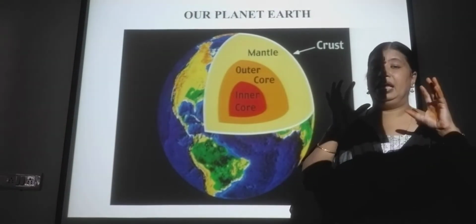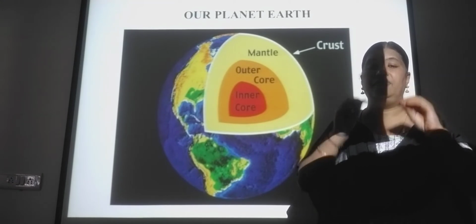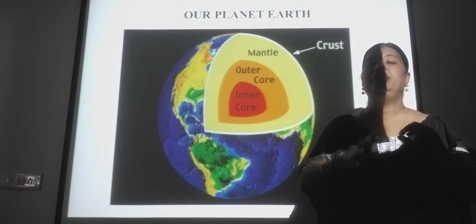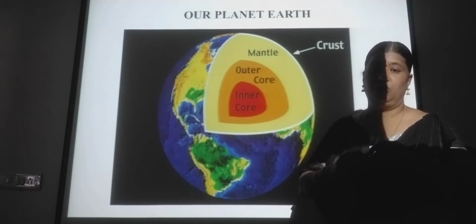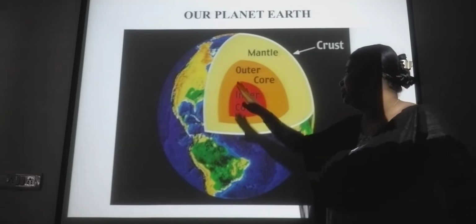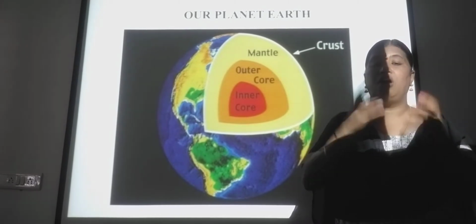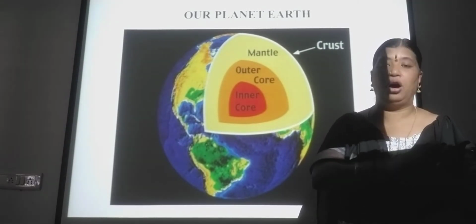This inner core, till today, is very hot. You can find all the rocks are in a melted state. Just as ice melts into water, in the same manner, in this inner core, the rocks are melted. They are in the liquid form.